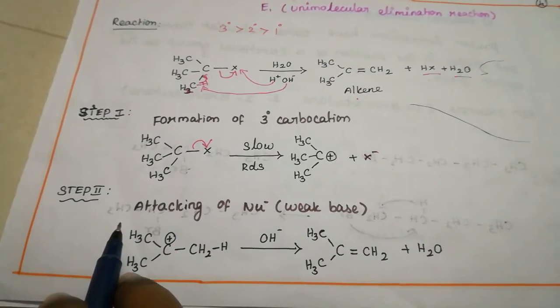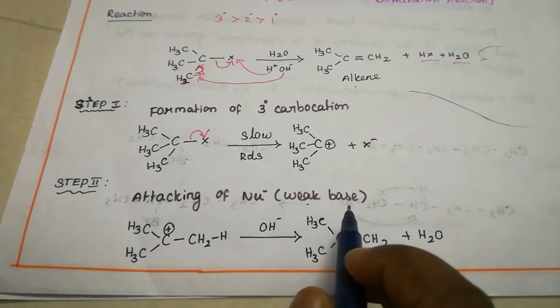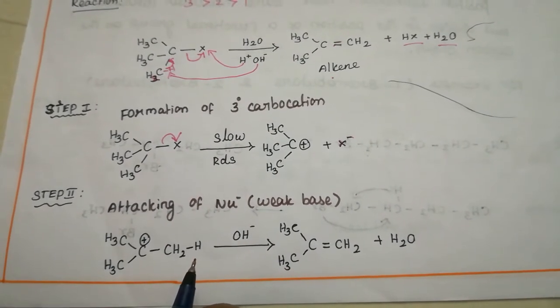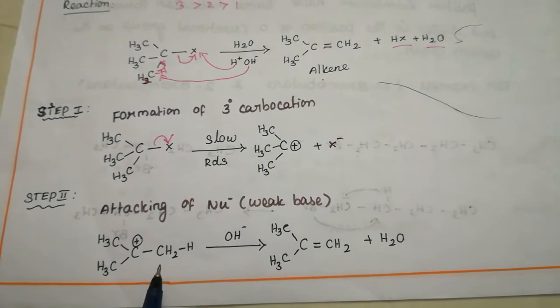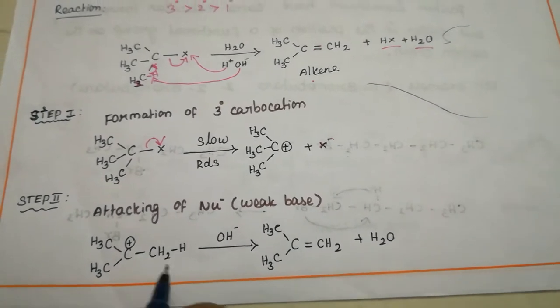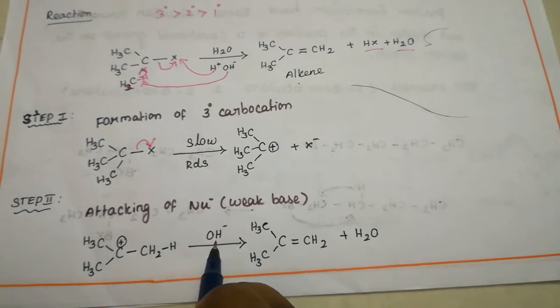Then the next step is attacking of nucleophile or weak base. Then the next step, what will happen? This carbocation, which is our reactive intermediate, is now going to be attacked by the weak base OH minus.